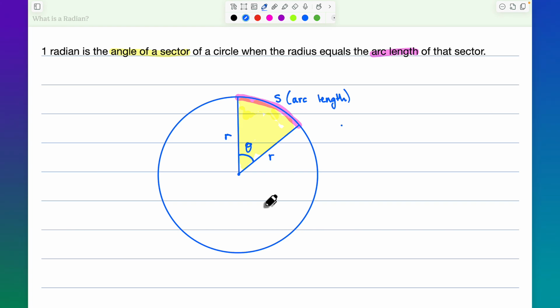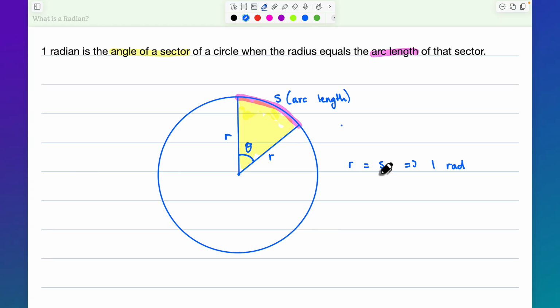But when it comes to radians, let's go back to the definition. 1 radian is the angle that you create when the radius is equal to the arc length. So if your R is equal to your S, then you have 1 radian, which I'm just going to call rad; that's the denotation for radian.